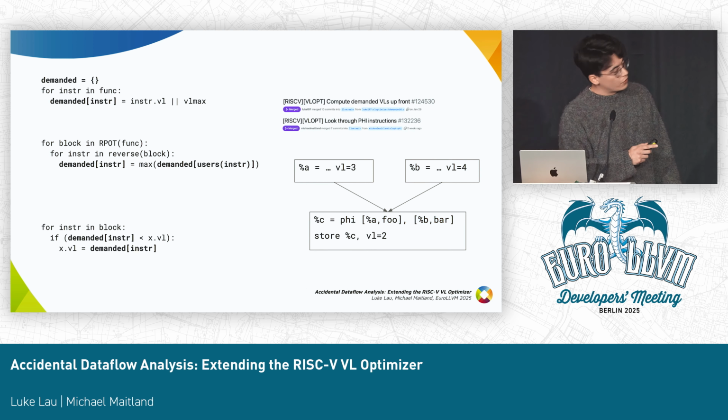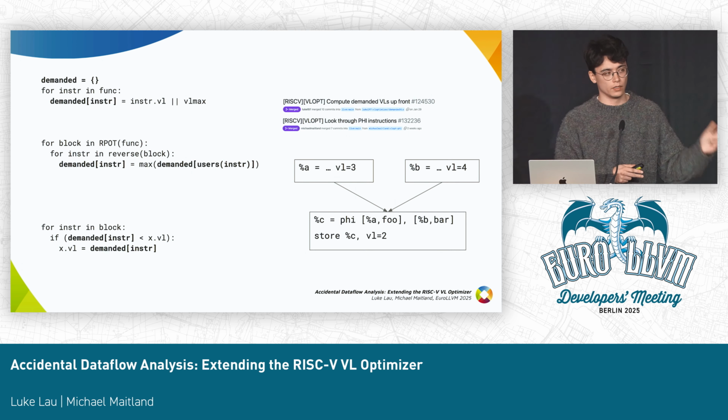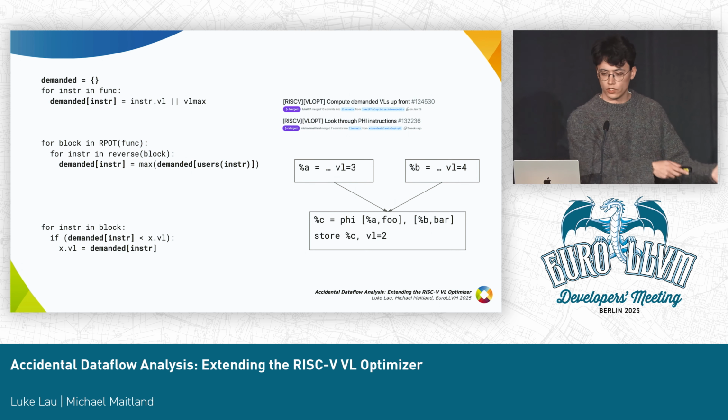So the first thing that we extended was that we split this optimizer into 2 parts. We created a map which mapped instructions to the VL that they demand, and we then did the analysis. It's the same thing where we're just computing the maximum VL demanded from its users.